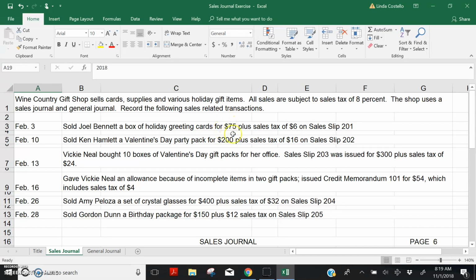In addition to that $75, we're going to have to collect $6 of sales tax from Joel Bennett. So the total amount that Joel Bennett owes us is $81. And we're going to need to debit accounts receivable for $81, credit sales tax payable of $6, and credit sales for $75.